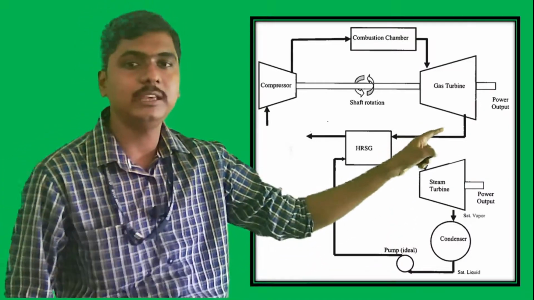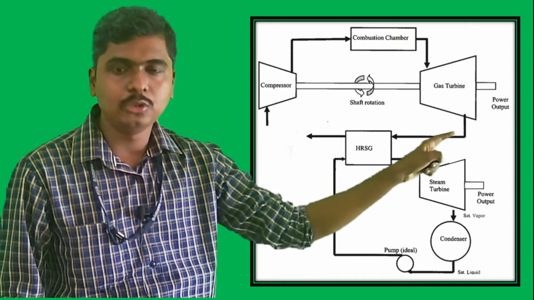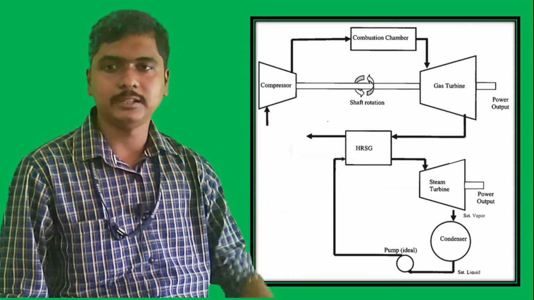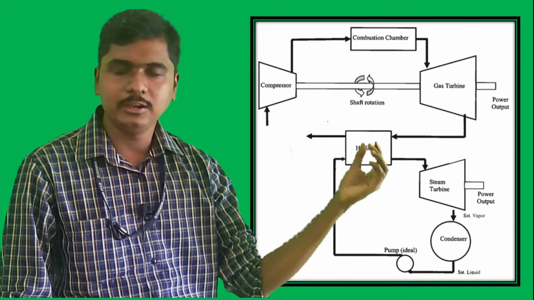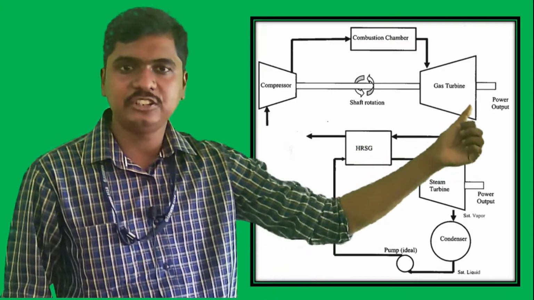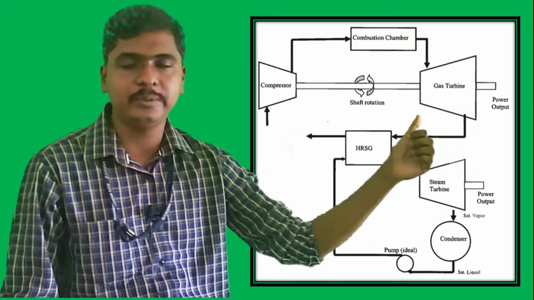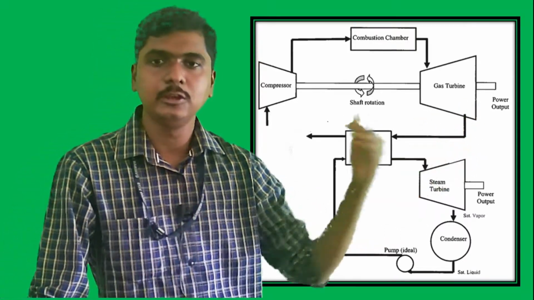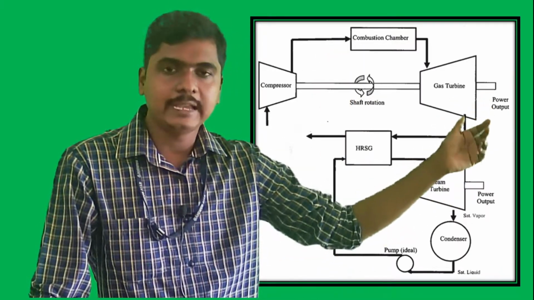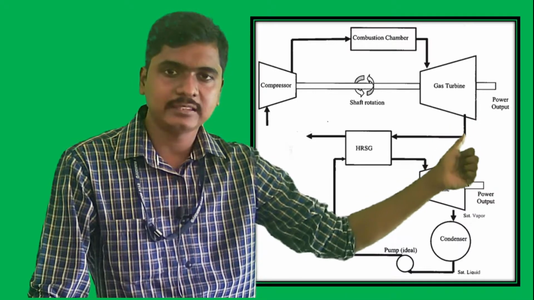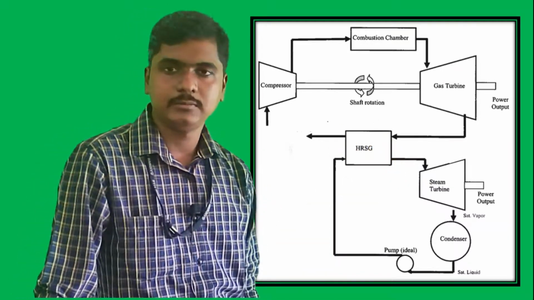But here, whatever exhaust comes out of the gas turbine, we supply to a steam generator, which is also a type of boiler. Obviously the pressure and temperature of this exhaust gas will be higher than atmospheric. These high temperature and pressure gases are supplied to the steam generator.